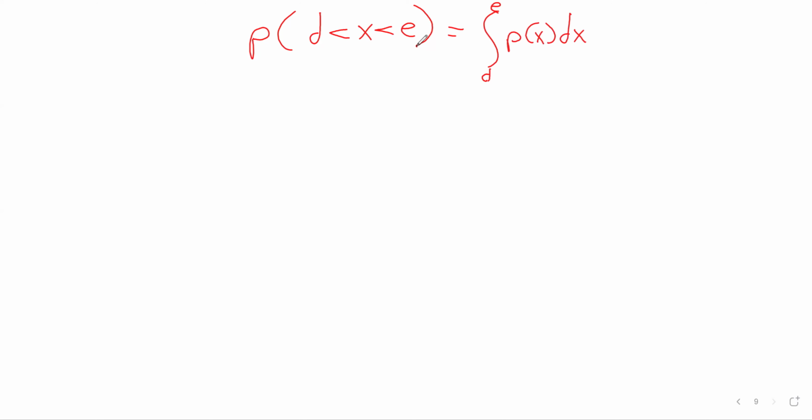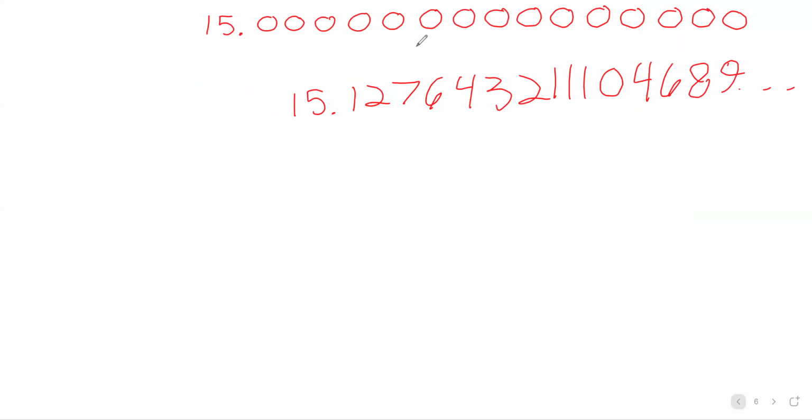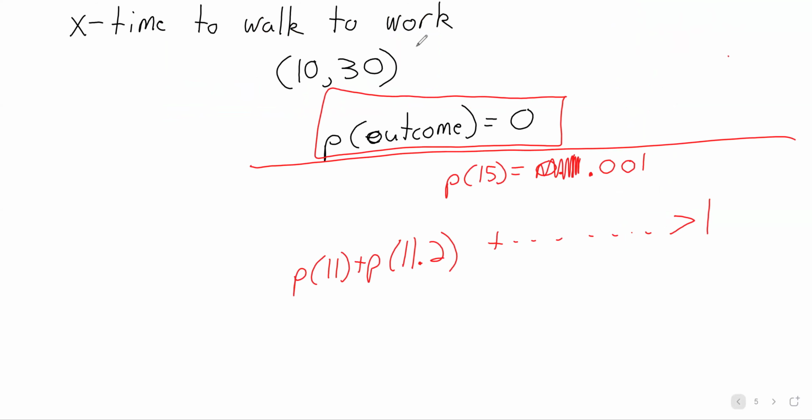So going back to this example, let's say that it usually takes me around 15 minutes to get to work. We can't talk about the probability being 15. That's 0. There's no probability that it takes me exactly 15 minutes.